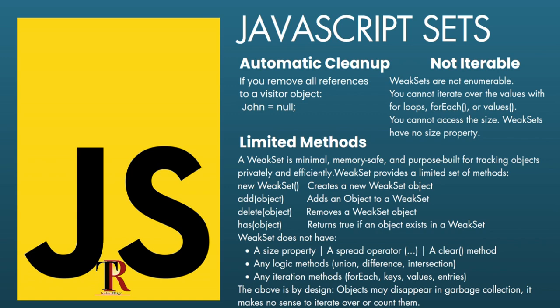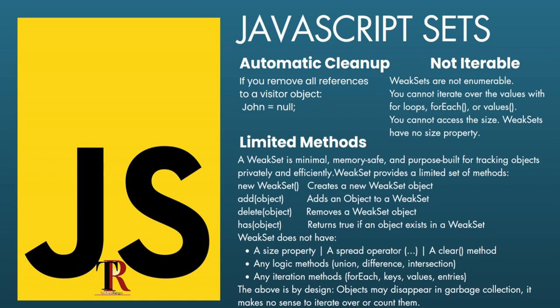So the above is by design. It's not a mistake. The reason is that in garbage collection, objects may disappear, so it makes no sense to iterate over or count them. If you know that the references to your object are weak and that it can disappear while your program is running, it makes no sense to iterate over it, because by the time your program gets to that particular reference, the object has already disappeared from memory, which is not going to make that process effective.